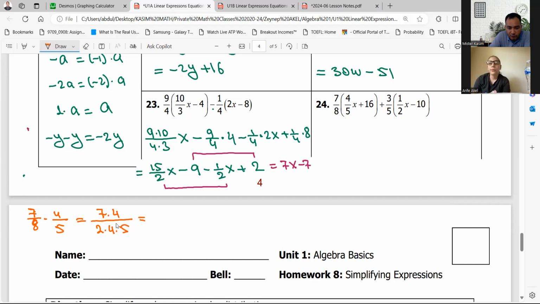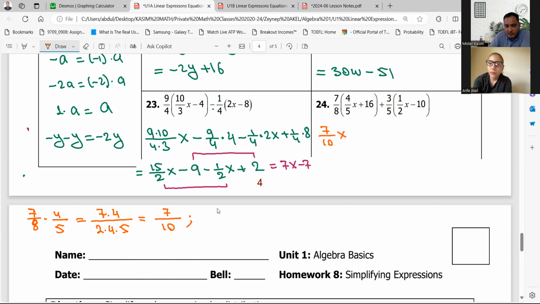If you simplify this, 4 cancels, 7 and denominator, we have 2 and 5. 2 times 5 is 10. Did you see that, Zeynep? We should understand this, otherwise we will have a lot of trouble in solving equations, because now we are preparing ourselves to solve equations. So 7 times 4 over 8 times 5 is equal to 7 over 10. And here we have x.